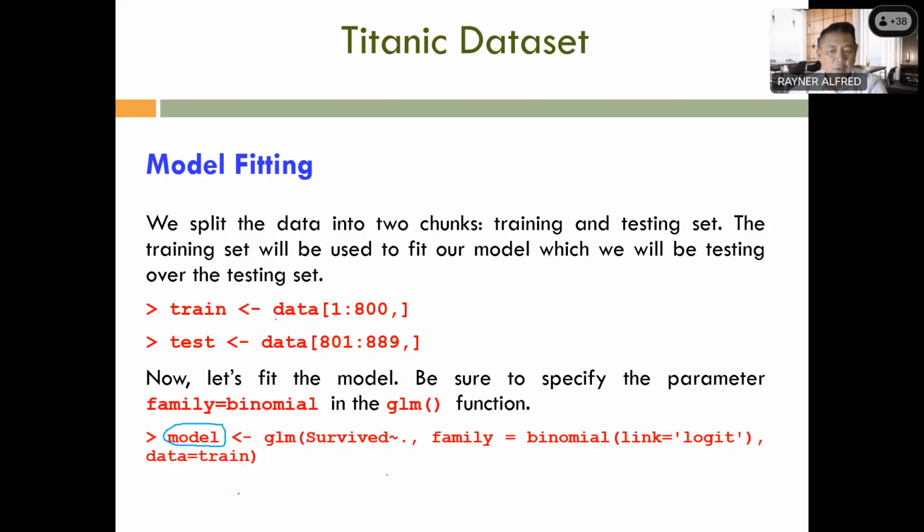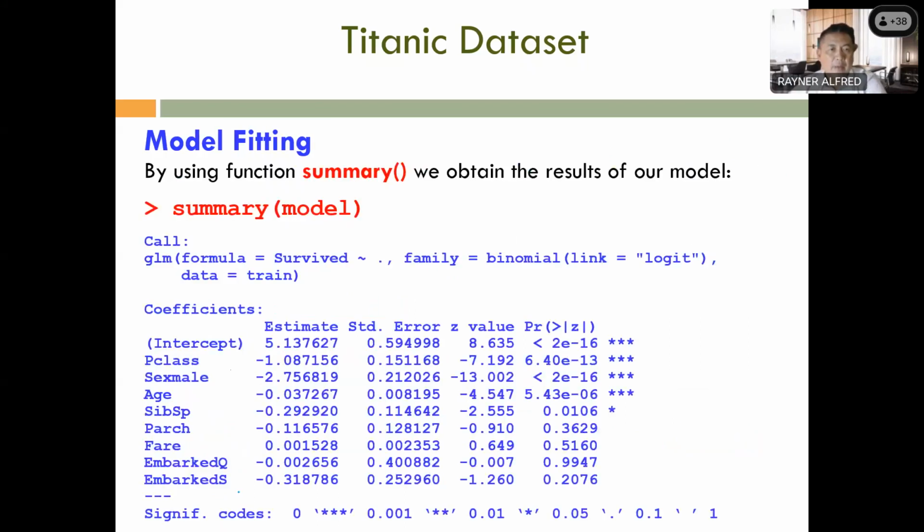Okay. So if we look at the summary of the model that we have, this is what we get. Basically, it tells you which features are very significant in influencing the value of the output.